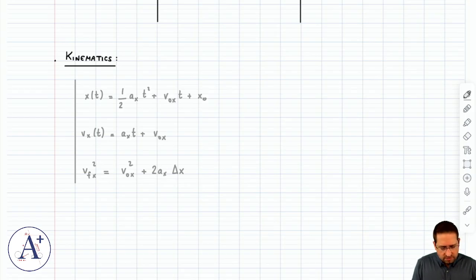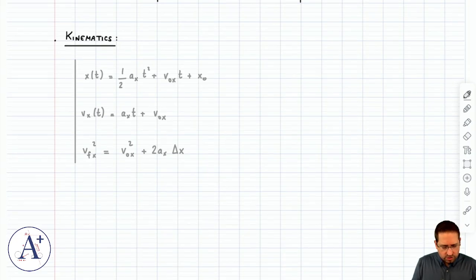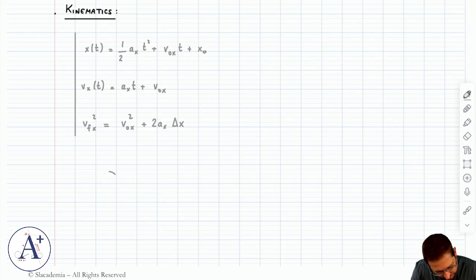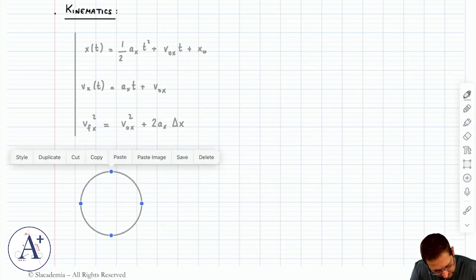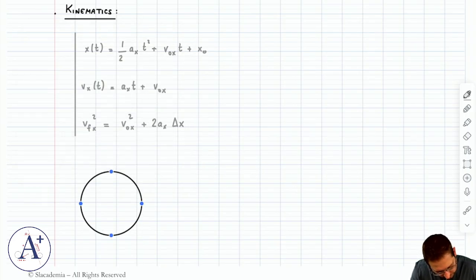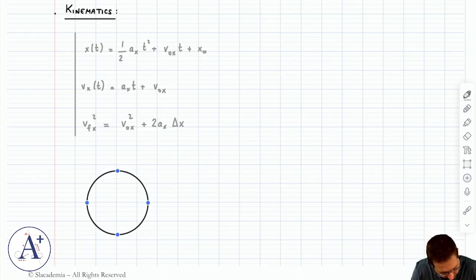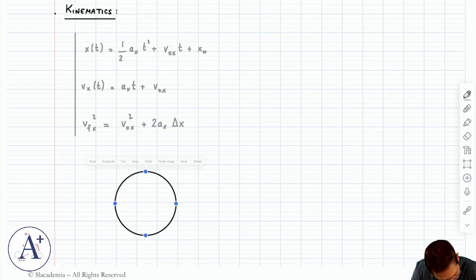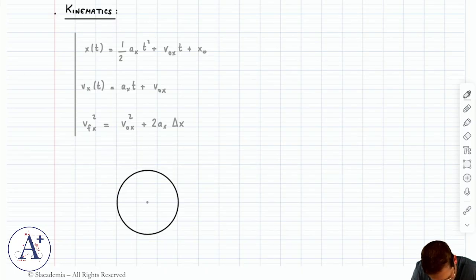Now, rotational motion is a very different type of motion. Okay, so we don't have motion in a straight line. Instead, you have rotation about a fixed axis, or sometimes called a pivot point. But the idea is that in the case of rotational motion, you're going to have, let's say this is a turntable viewed from above.